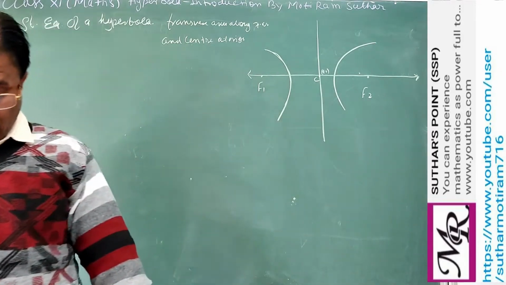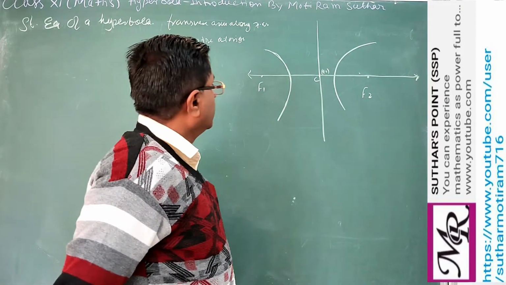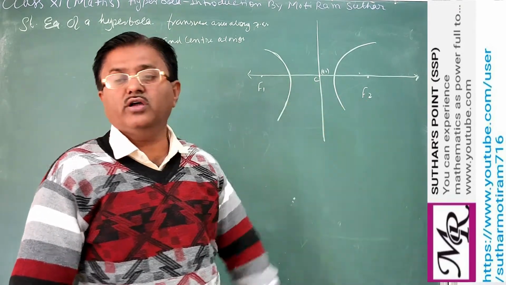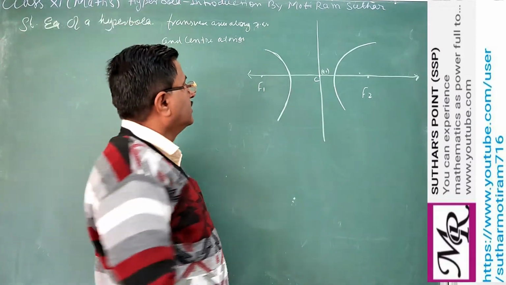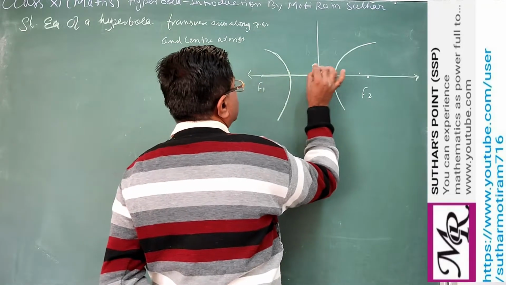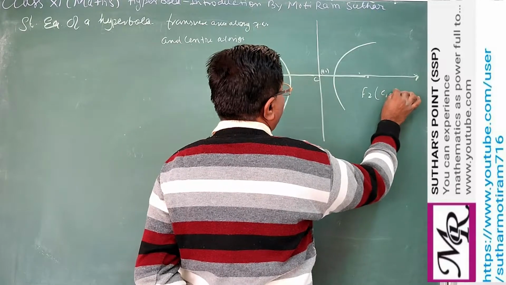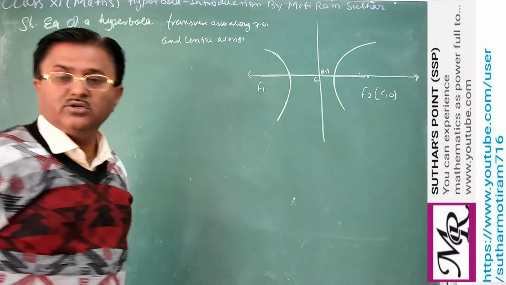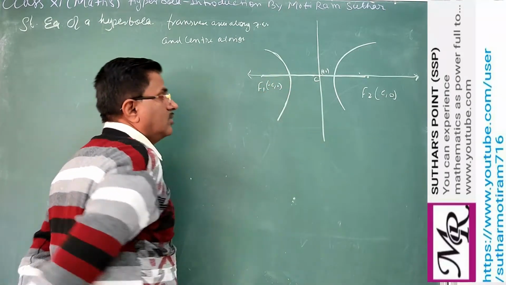Clear? Now as we are taking the distance between the two foci as 2c, and this is the center point, this distance is c, and this also is distance c. So the coordinates of the foci will be (c,0) and (minus c,0).